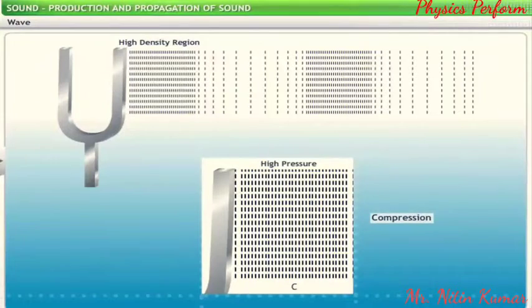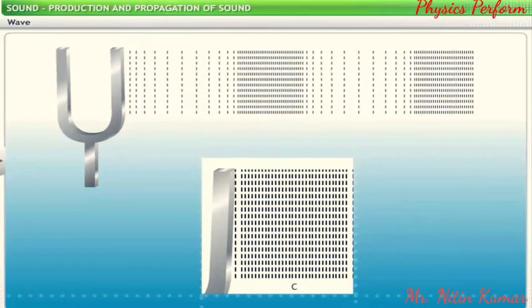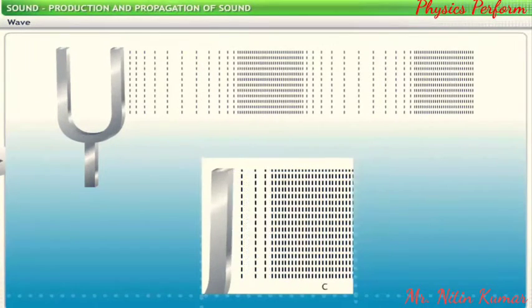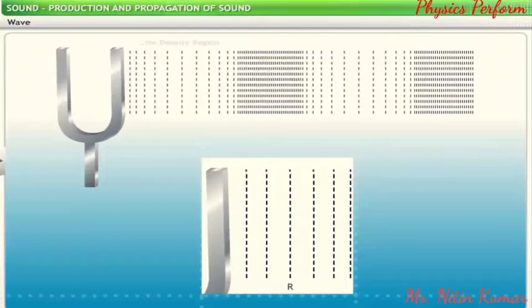This region of high pressure is called compression. When the prong moves backwards, it creates a region of low pressure, called rarefaction. In this region, the density of air is lower than the normal.